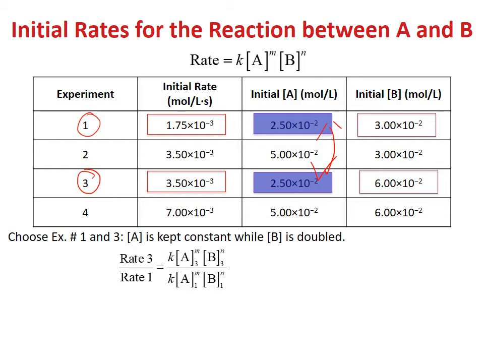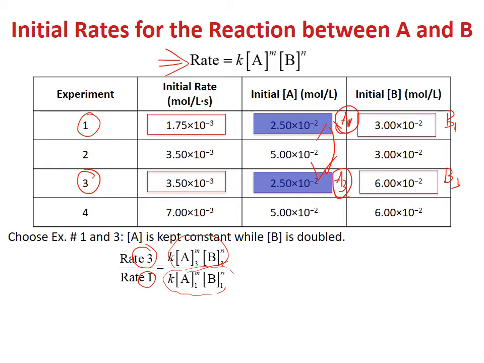So we calculate the ratio of reaction rate 3 over reaction rate 1 by theory, using the rate law. Again, this is A3, this is A1, this is B1, and this is B3. According to the rate law, here is the rate for experiment 3, here is the rate for experiment 1.